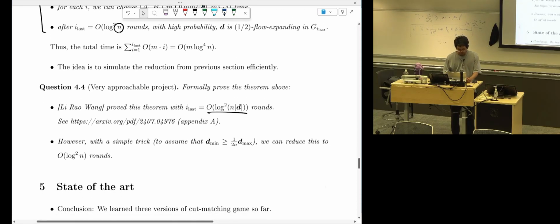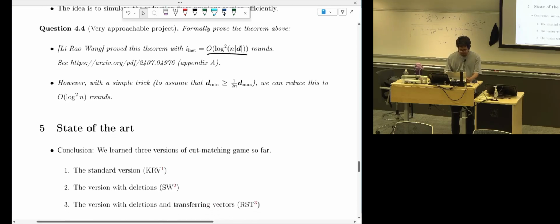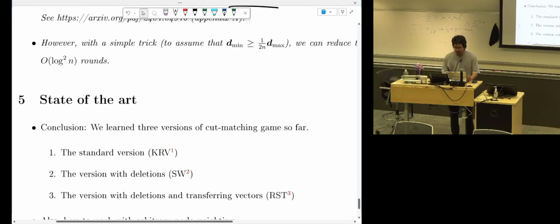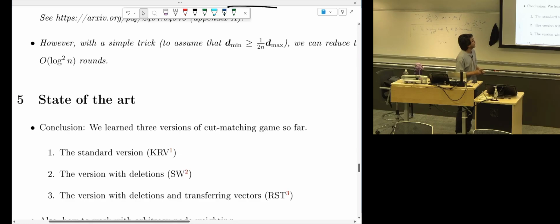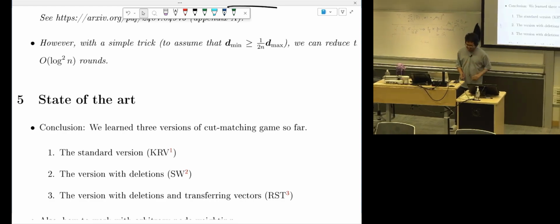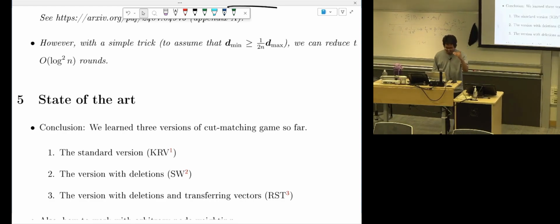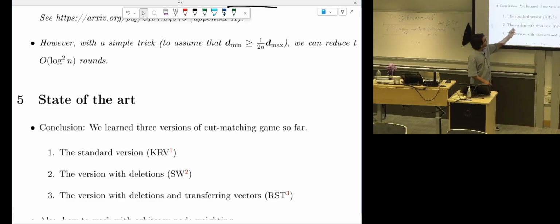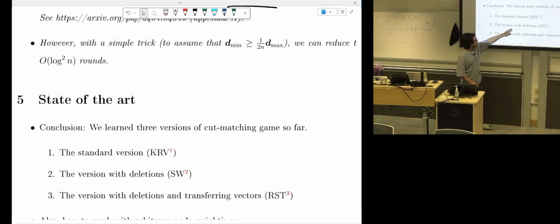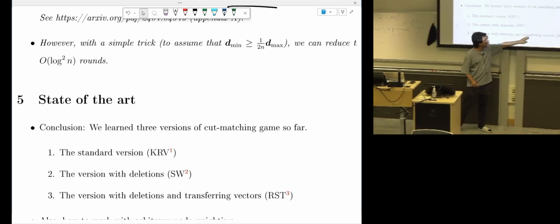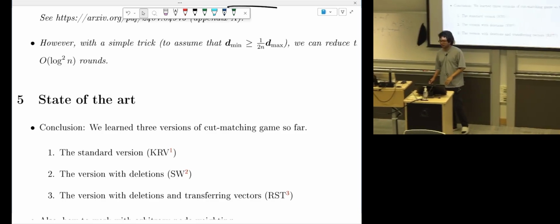So now let's recap what we have learned so far about the cut matching game. You have just learned the state of the art cut matching game. It's really at the frontier here. We have learned 3 versions: the standard version of the cut matching game, the one with deletion, and the one where you transfer the vectors.